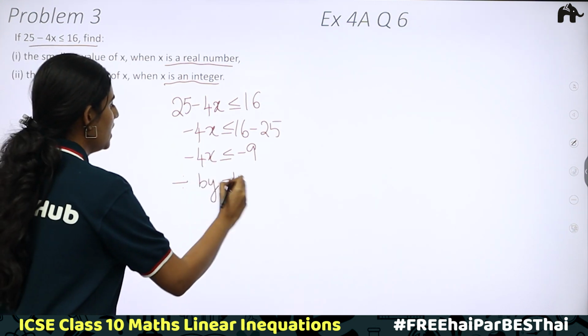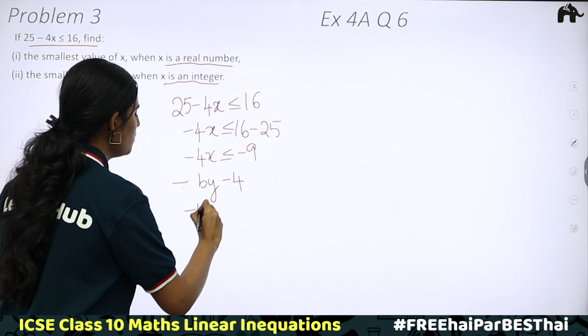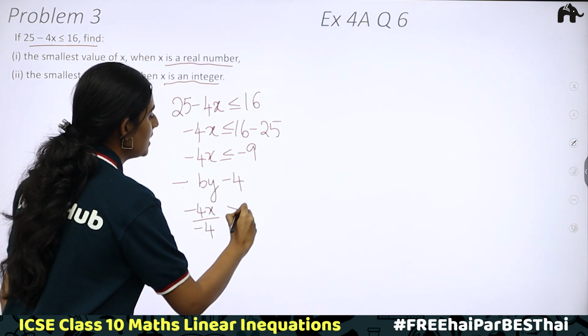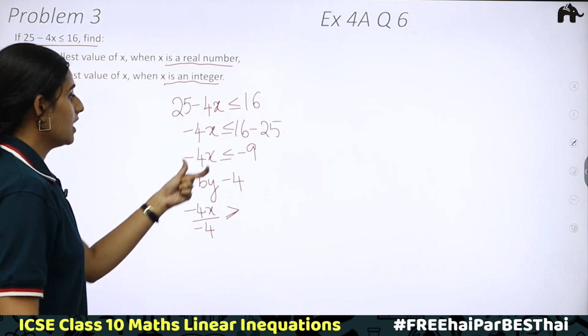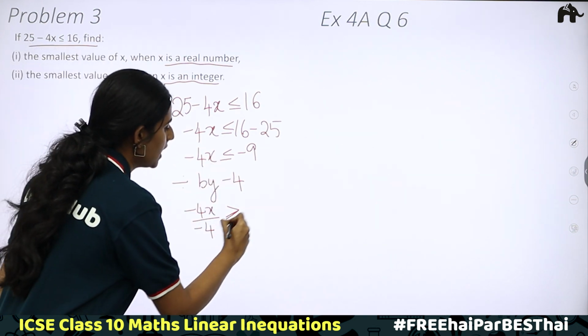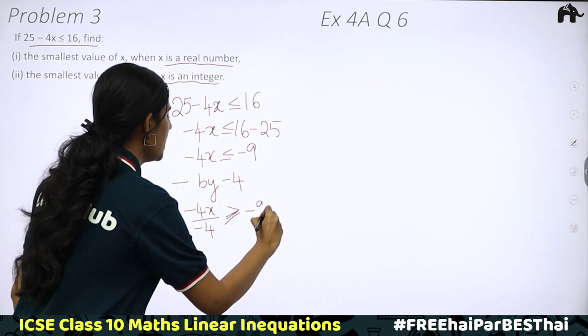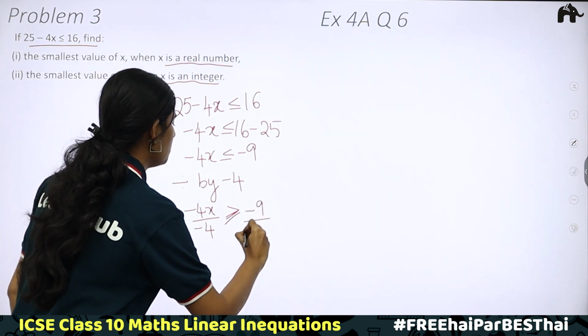Yes. Dividing by minus 4. Minus 4x by minus 4 greater than or equal to, since less than or equal to becomes greater than or equal to, minus 9 divided by minus 4.